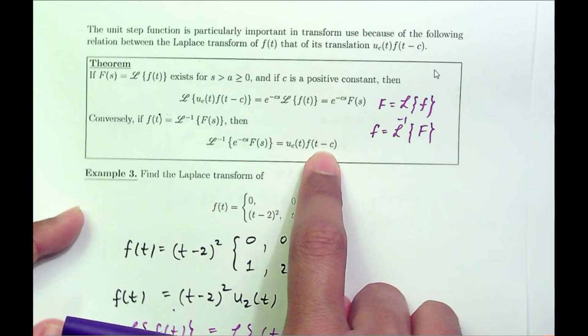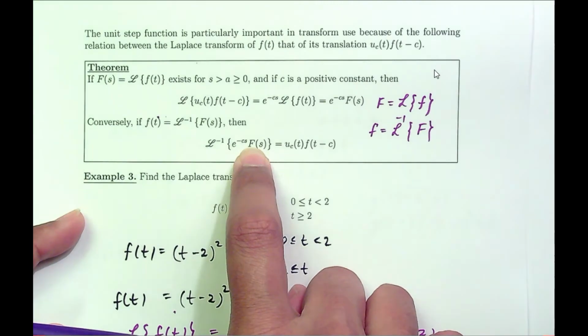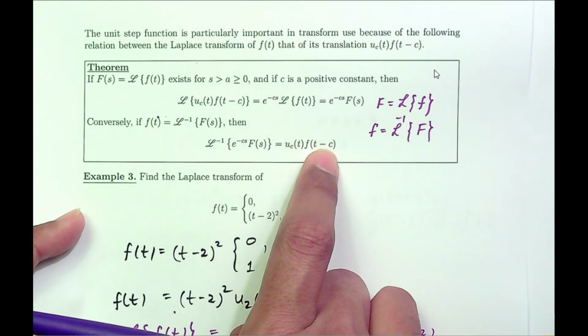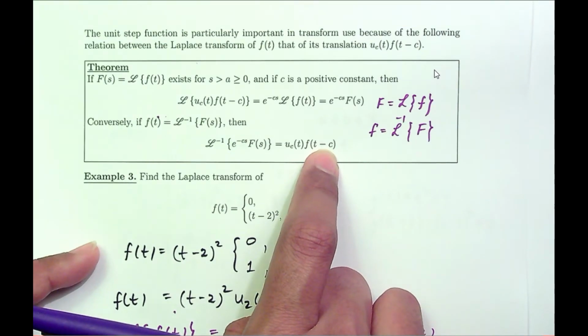times what? The Laplace inverse of this function right here, but not evaluated at t, evaluated at t minus c, which in our case c is 2, so evaluated at t minus 2.